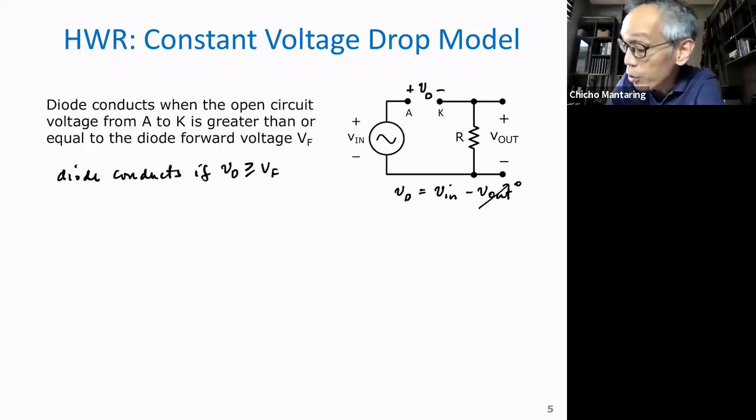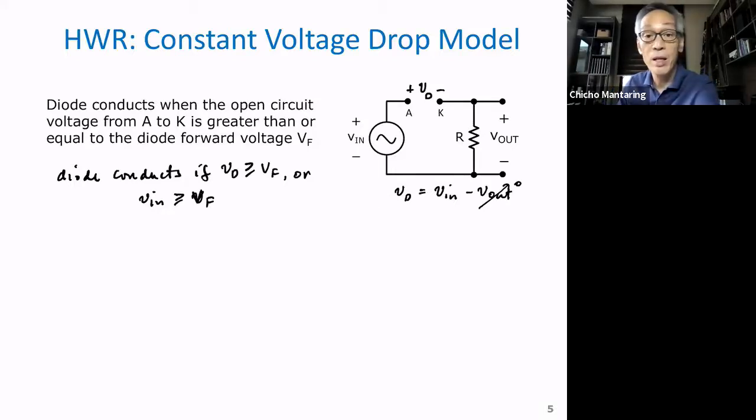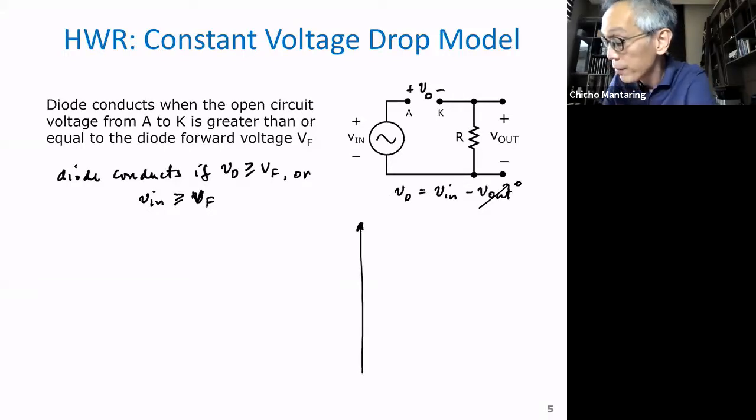So when does the diode conduct? The diode conducts when V in is greater than or equal to V of F. Okay. That is when the diode conducts. When does that happen? So, drawing ko dito yung input.